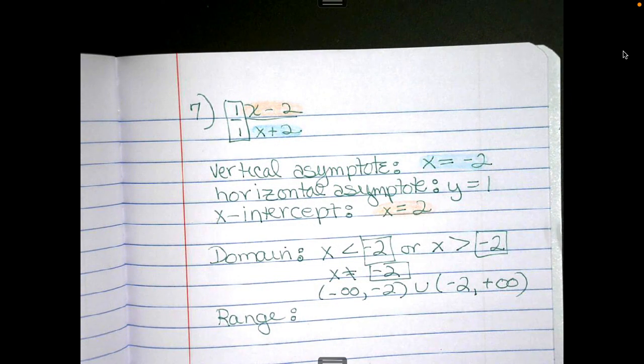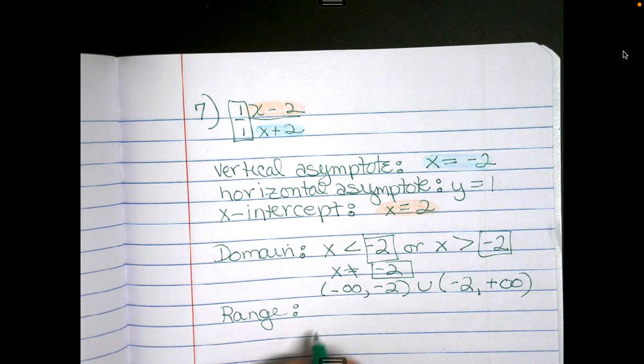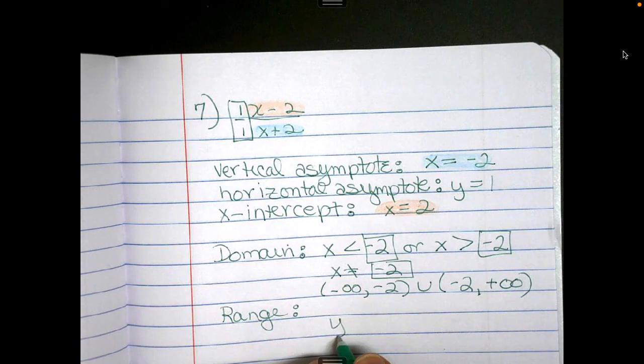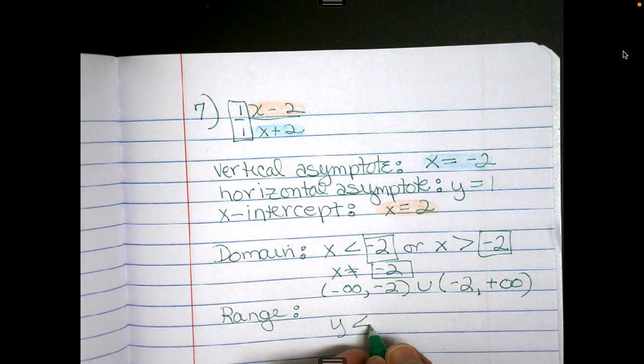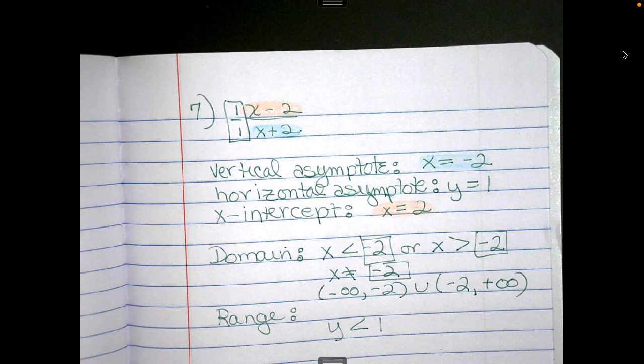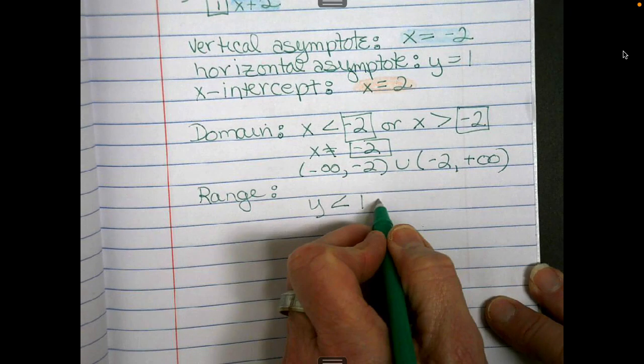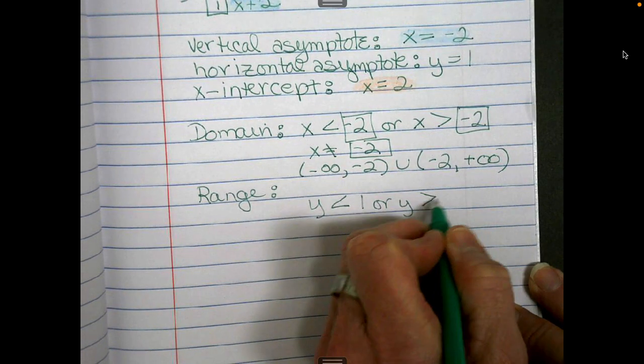So they got us pretty easy so far. And then the range is y is less than the horizontal asymptote, 1, or y is greater than 1.